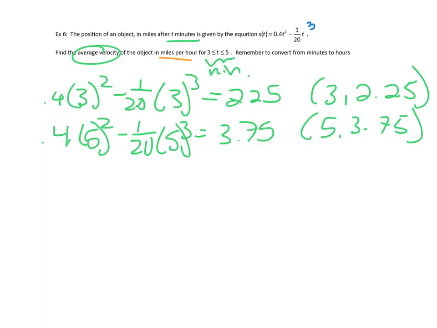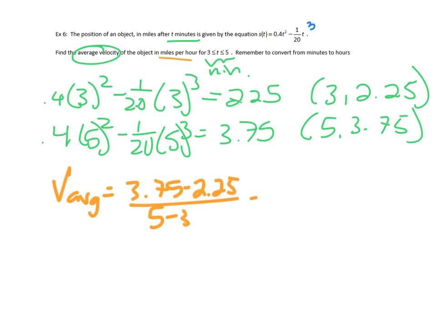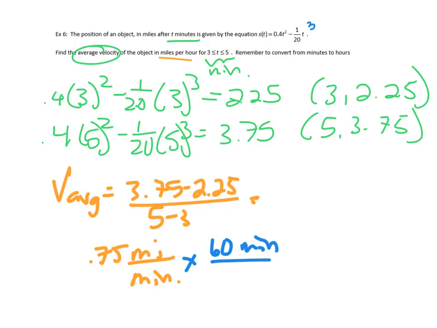So the average velocity is 3.75 minus 2.25 over 5 minus 3, which gives me 0.75, but that's miles per minute. But I want miles per hour, so I have to convert it. There are 60 minutes in 1 hour. Cross off my minutes, that gives me 45 miles per hour.